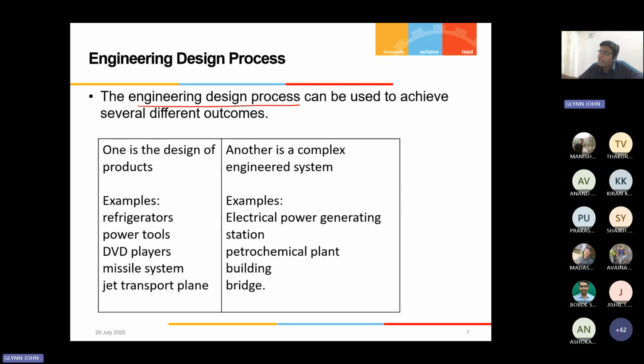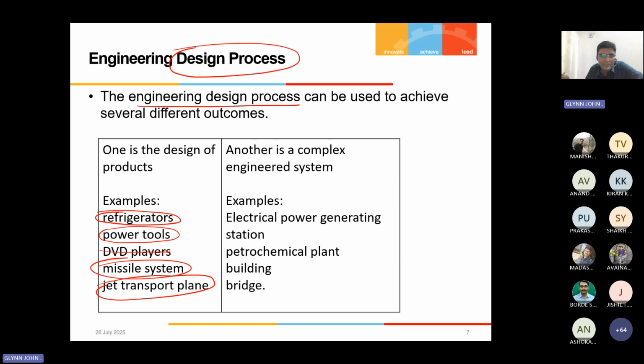Now if you look at the entire process, when we say design process or the product development process, you may come up with a major system like refrigerators, power tools. Now these systems will have many different components, right? A missile system, an entertainment system. DVD players are probably outdated, but you have modern television systems, right? Jet planes. All these are examples of products.